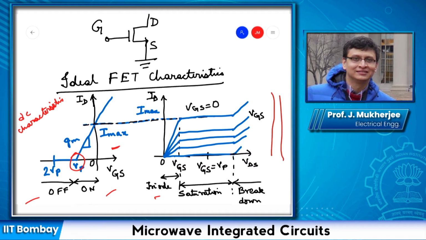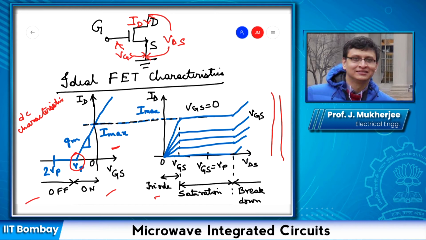VDS means drain to source. So these are the voltages we are plotting, and ID is this current.